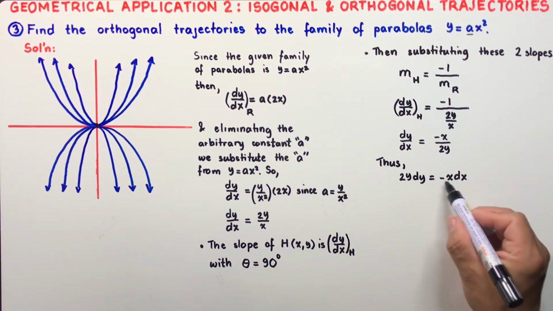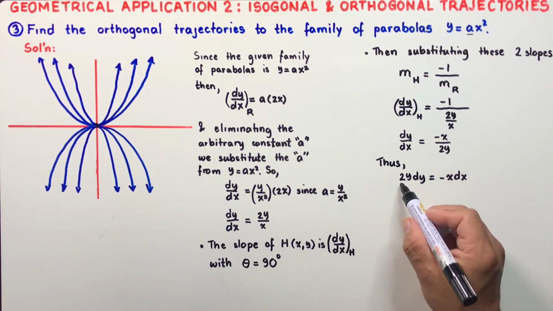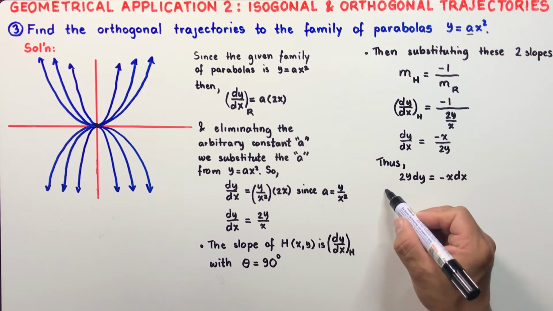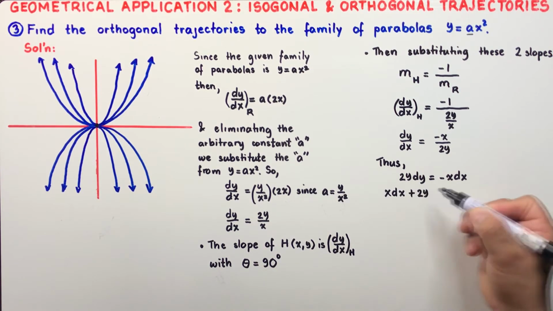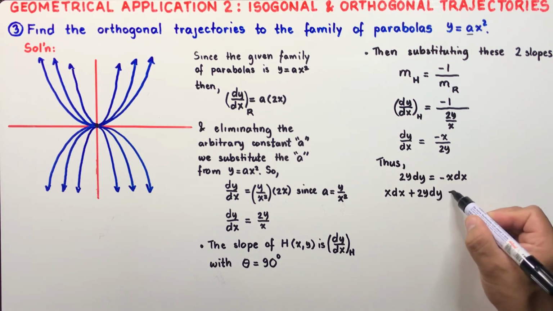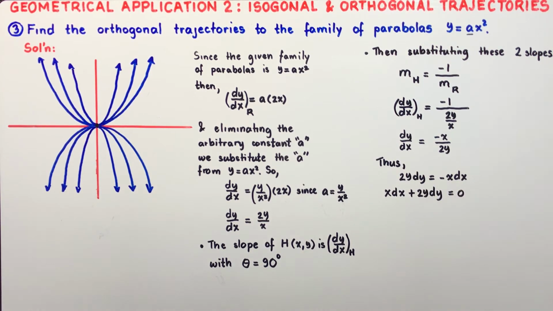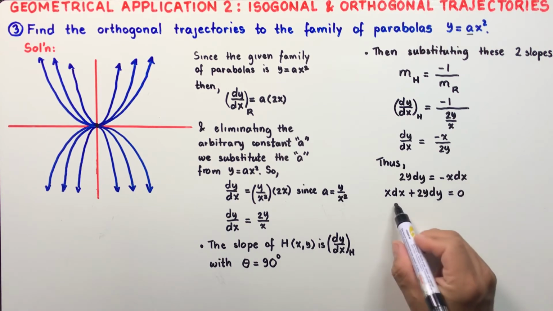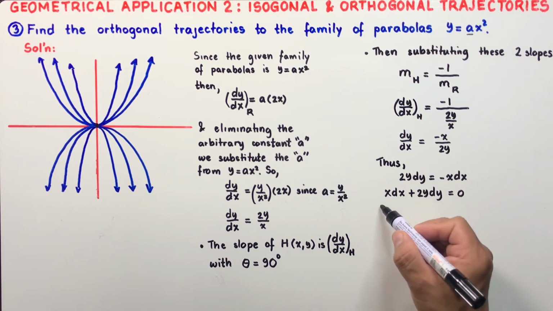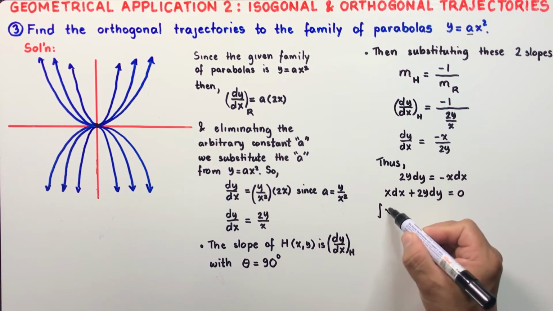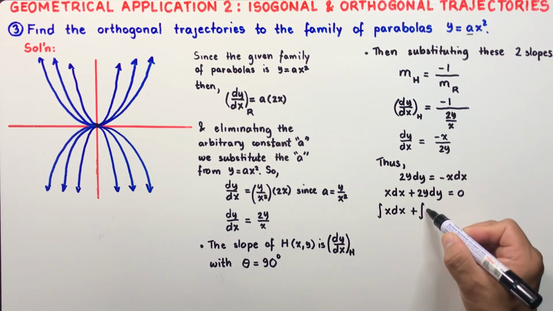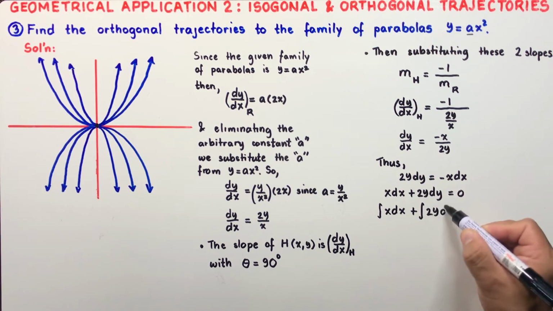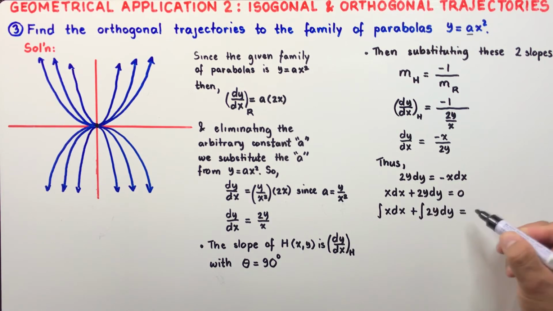And moving this term to the left side of the equation, we have x dx plus 2y dy, which is equal to 0. And integrating each term in this equation, we have the integral of x dx plus the integral of 2y dy, which is equal to the integral of 0 here.